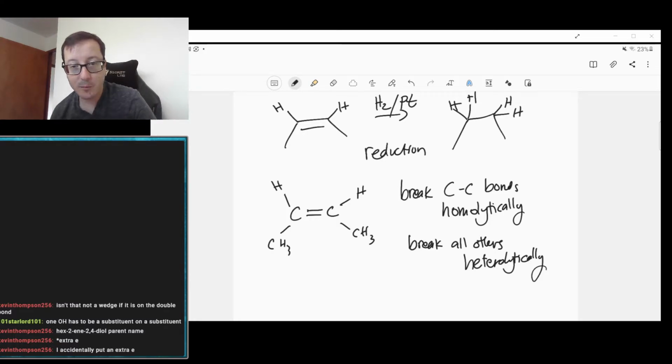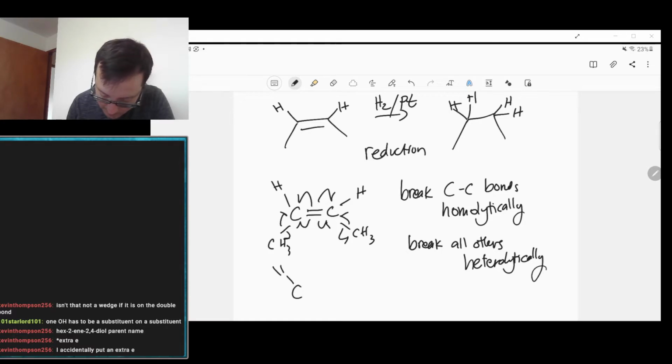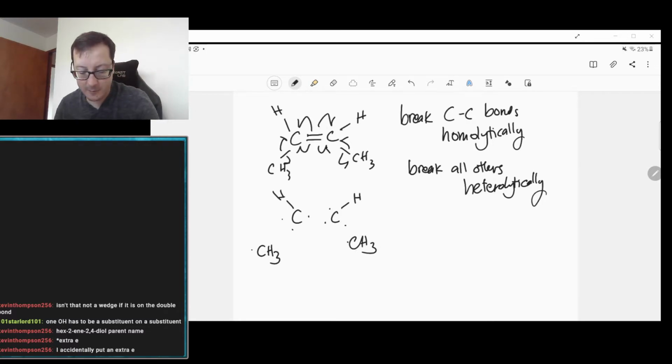So, if we're breaking carbon-carbon bonds homolytically, that means we're going to be breaking all of these. Wow, those are so many arrows. I'm going to redraw that. We have now 3 dots, and then we have our CH3s. For breaking the rest of them heterolytically, we have to look at what's more electronegative.